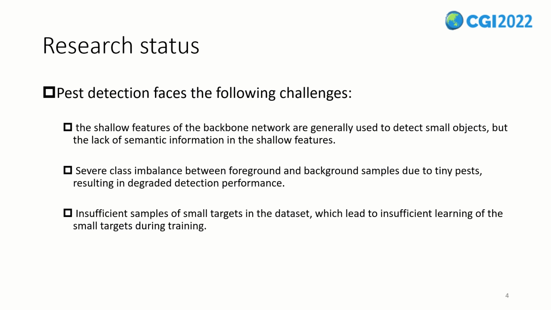Secondly, serious class imbalance between foreground and background samples due to tiny pests results in degraded detection performance. Moreover, there are insufficient samples of small targets in the dataset, which leads to insufficient learning of the small targets during training.